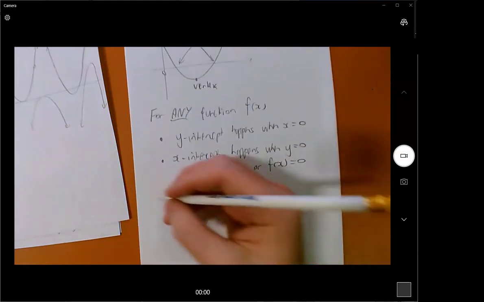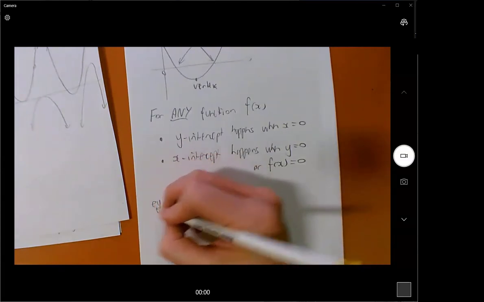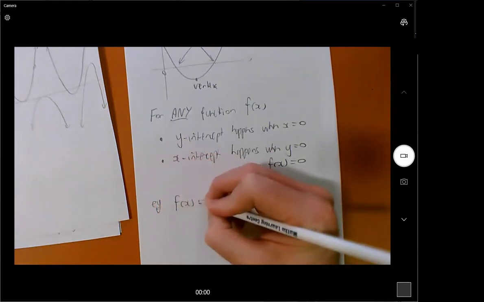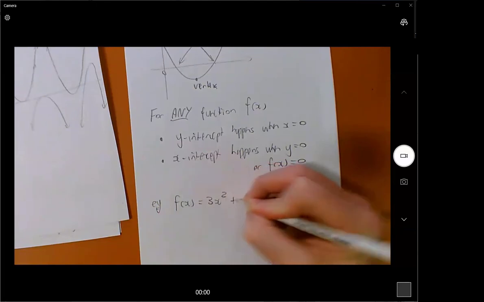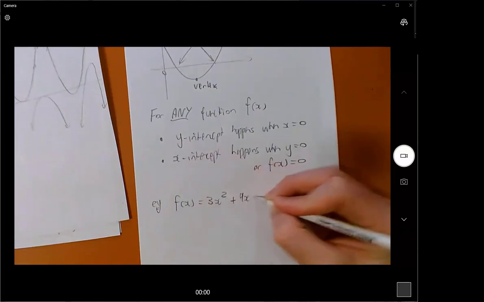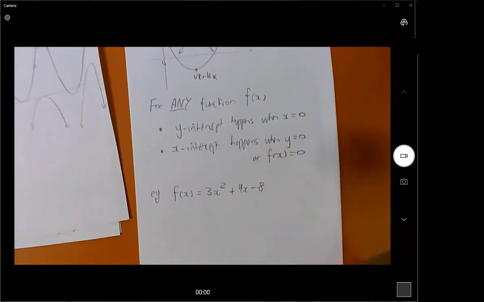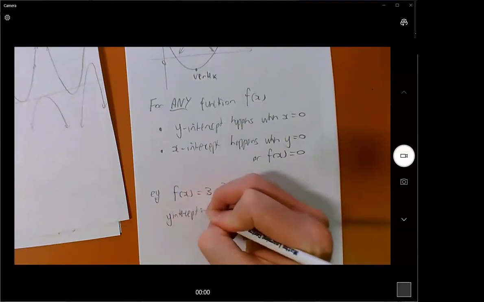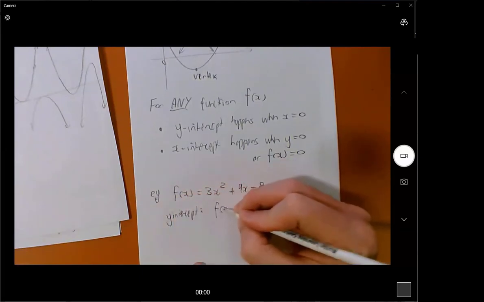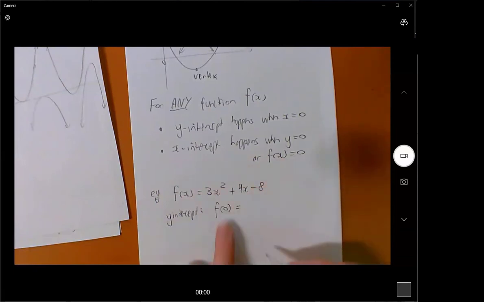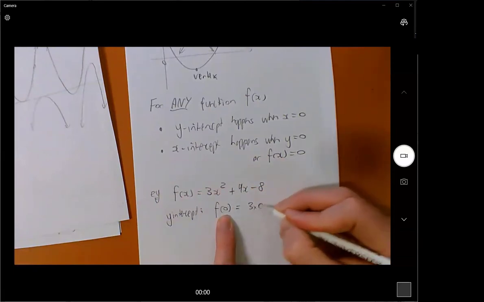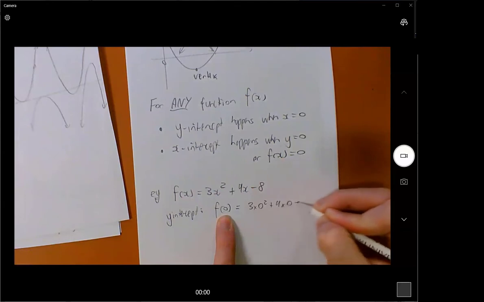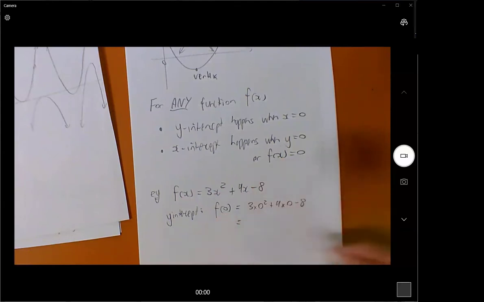So, for example, if I had f of x equal to 3x squared plus 9x minus 8, then the y-intercept would happen when x is equal to 0. So I would put 0 for x, and I would get 0 plus 0 minus 8.